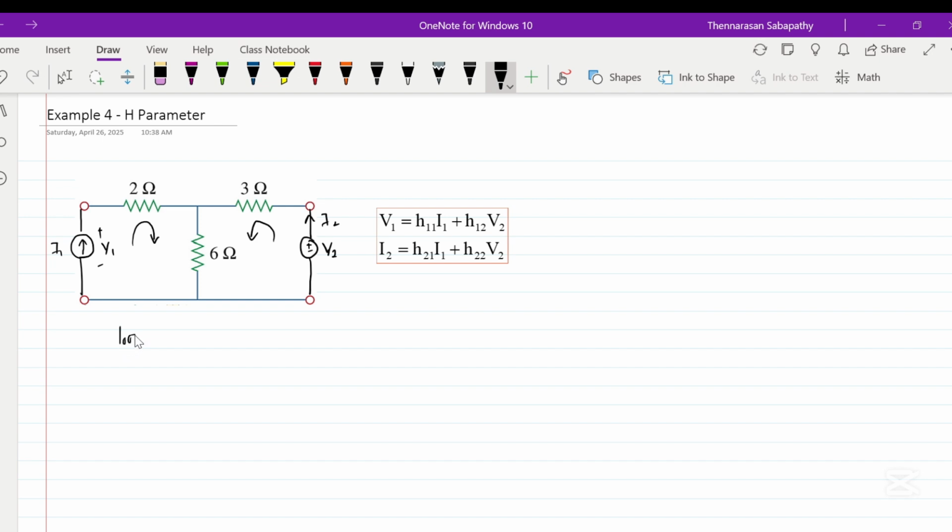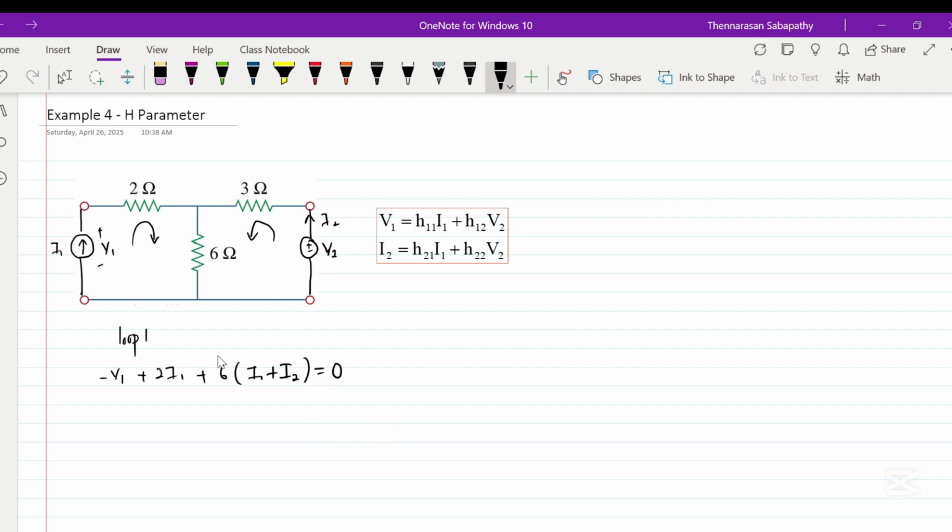So loop 1: here I have negative V1 plus 2I1 plus 6 times I1 plus I2. This is the first equation.